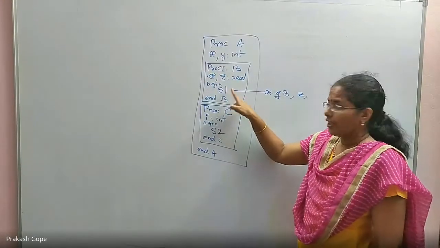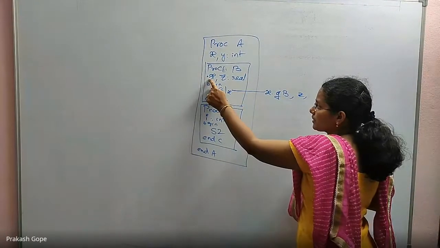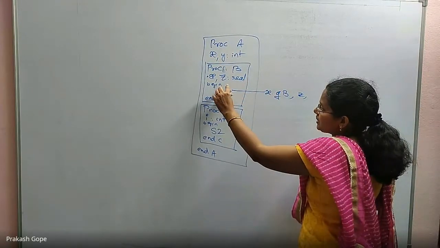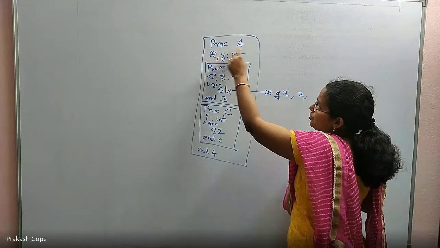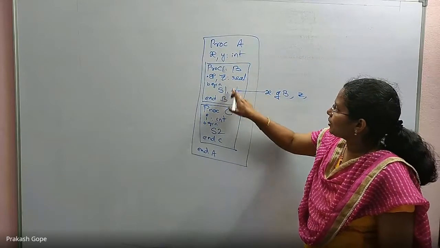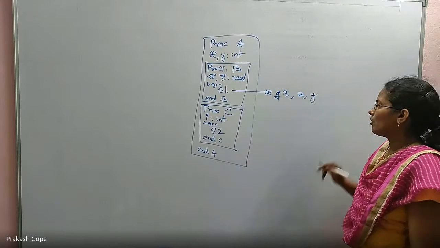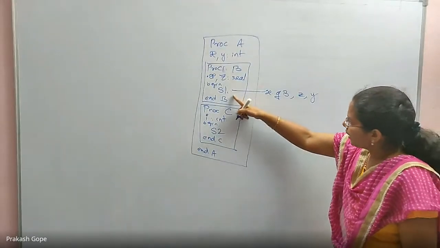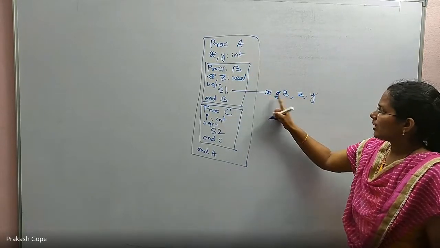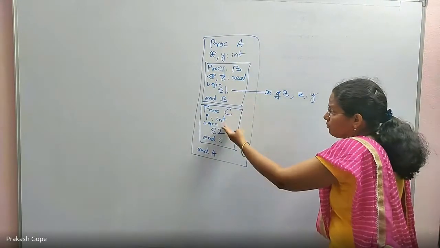If I write a statement using X, obviously it will access this local X. It can never access the outer block's X. So in S1, I cannot access X of A, but I can access Y, its outer block's Y, because I don't have a locally declared Y. So in the S1 block, I can access Z, the outer block's Y, and the local X, X of B. That's all. I cannot touch the variables of procedure C.